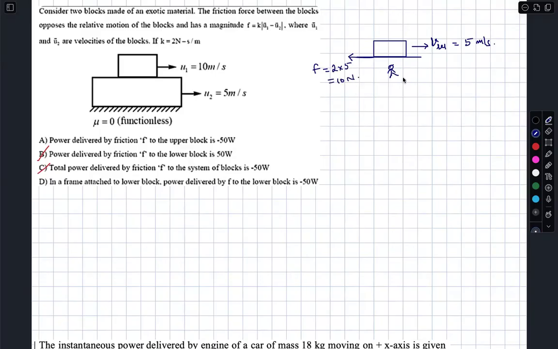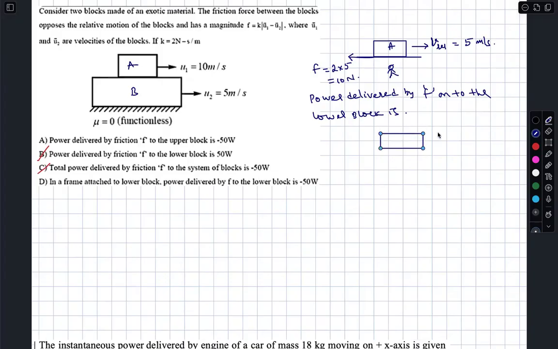So we'll call this A, this is B. On A, when you see, the relative velocity is 5 and the friction is 10. So therefore, power delivered by F onto the lower block is simple.